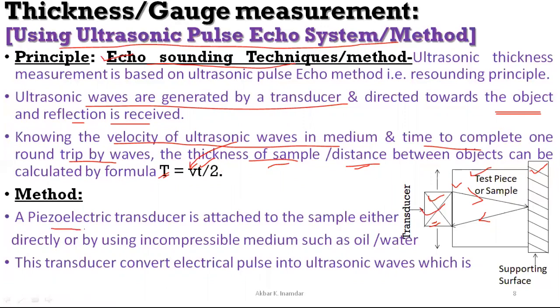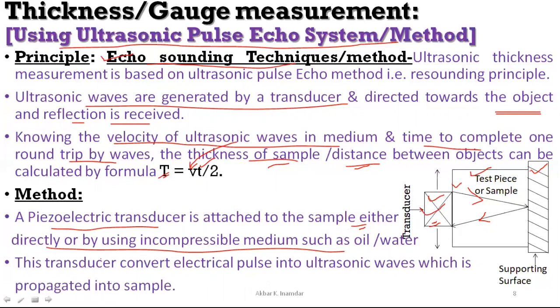In this method, a piezoelectric transducer is attached to the material or sample under test either directly or using an incompressible medium like oil. Likewise, in ultrasonic testing, incompressible liquids may be used.